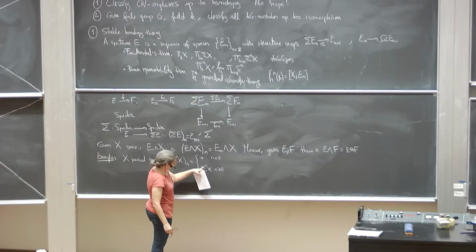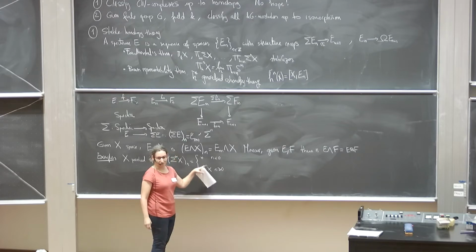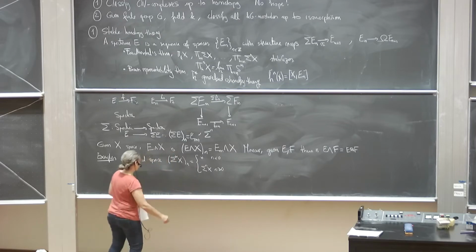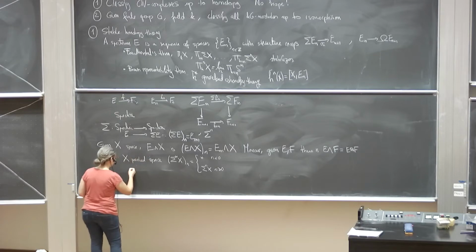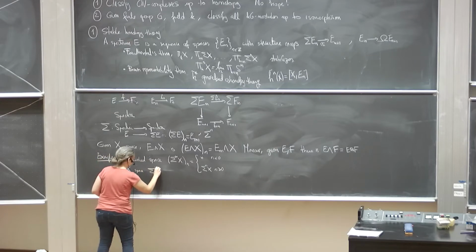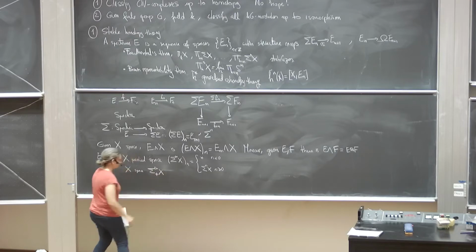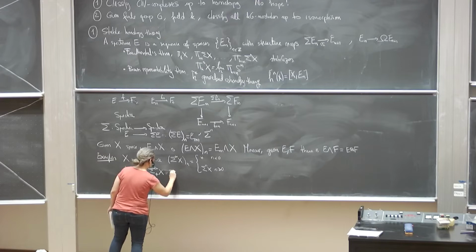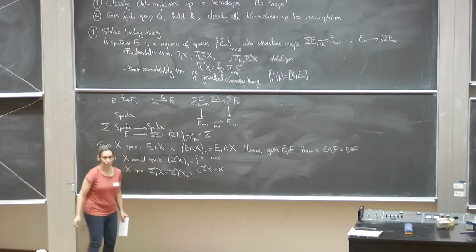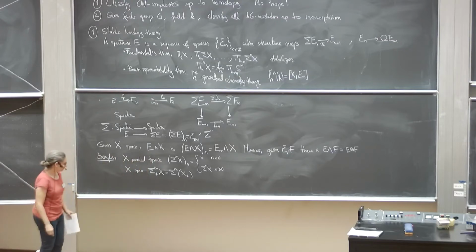And if n equals 0, it is X, you do nothing, right? And if X is just a space, not pointed, then I will write this to denote the suspension spectrum of X when I add an extra base point, to make the construction.